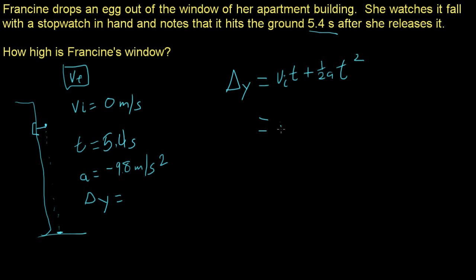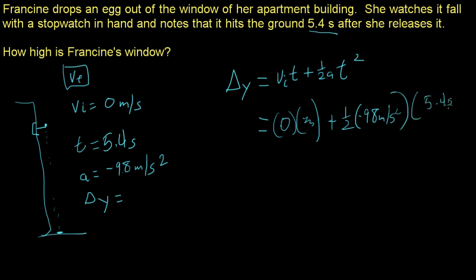Okay, so we got vi, which is 0. It's going to be really easy then, because 0 times anything, if you care what time it is right now, is 0, plus 1/2 times a, which is negative 9.8 meters per second squared, times t, which we have, and it's 5.4 seconds squared. Alright, well, this is easy.